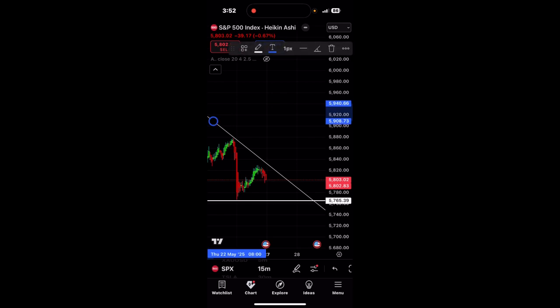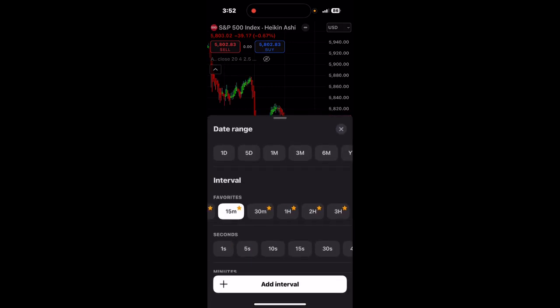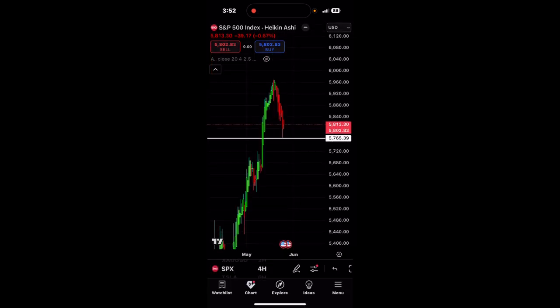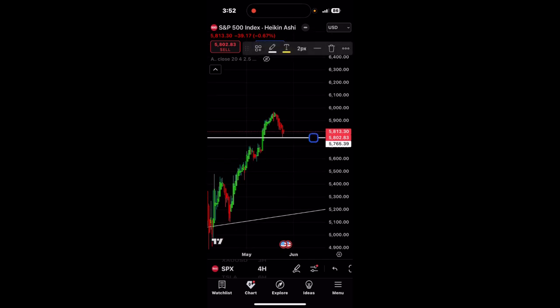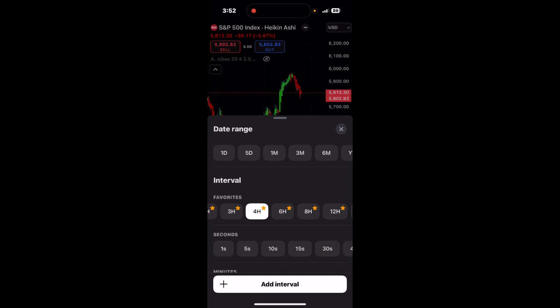But what we can see from the longer time frames on the trend lines is that we are, let's just look at the 4 hour. We are overall bullish. So look at this on the day.